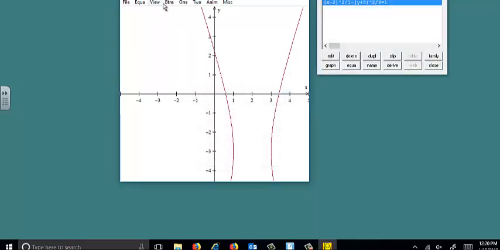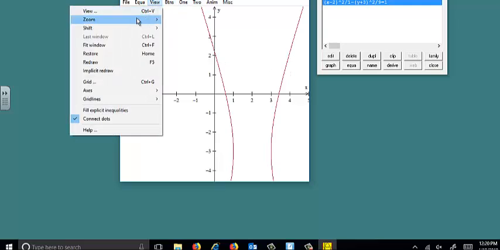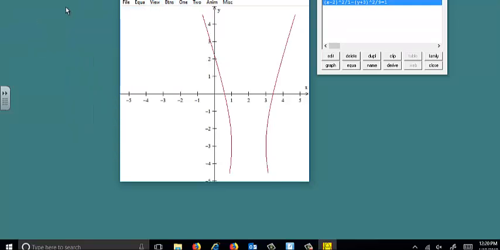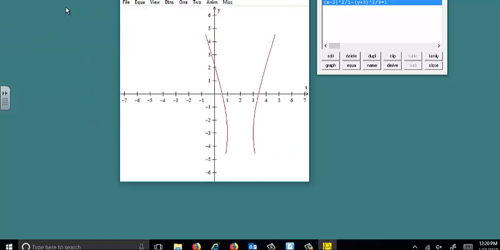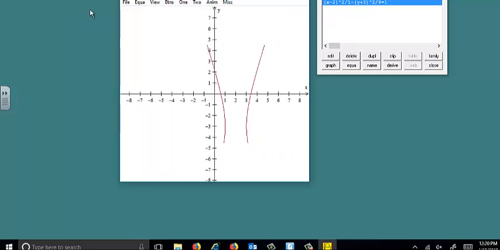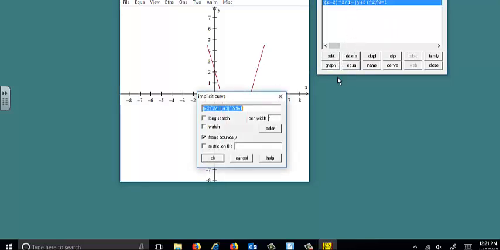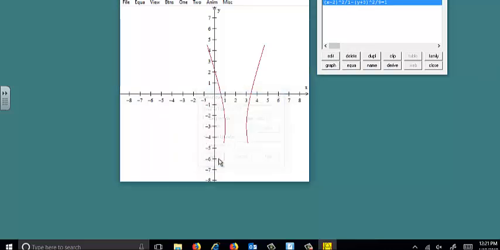What I'm going to do is zoom out. The problem is that when you do that, you lose some of the detail. So what I need to do is graph it again.